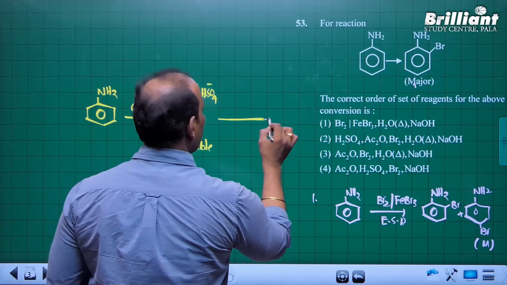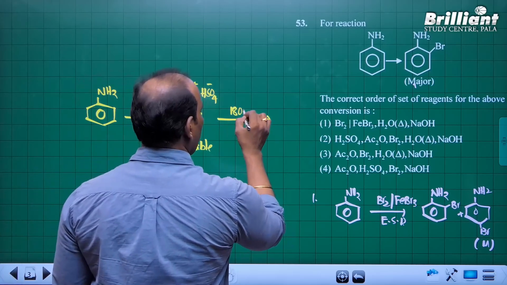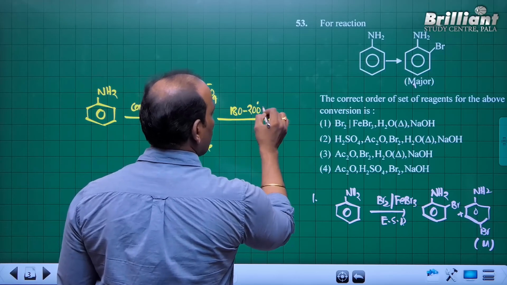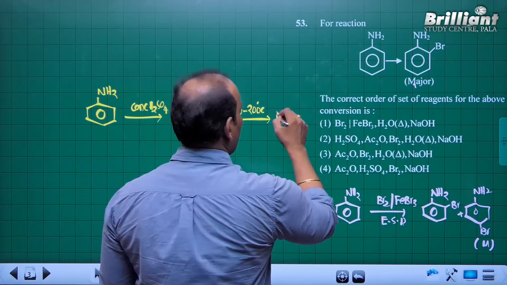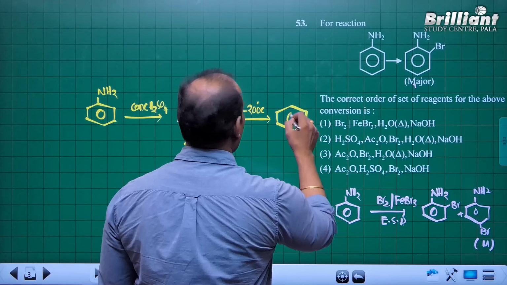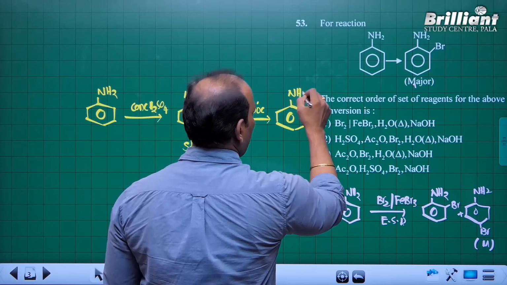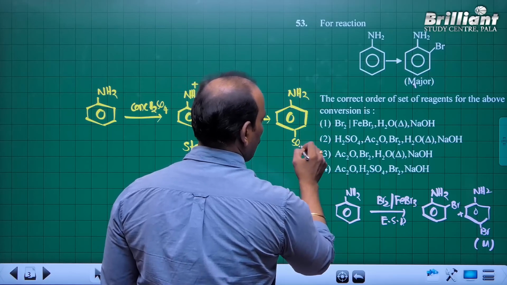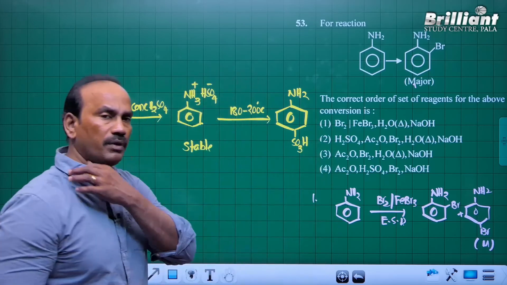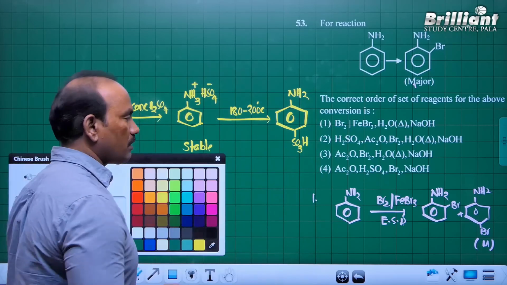Then it is heated at 180 to 200 degree Celsius. Then this is NH2 SO3H, orthanilic sulfanilic acid. Is it clear?